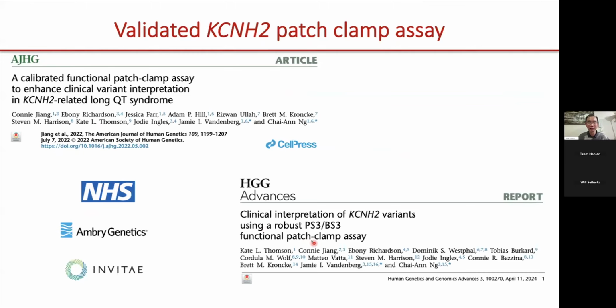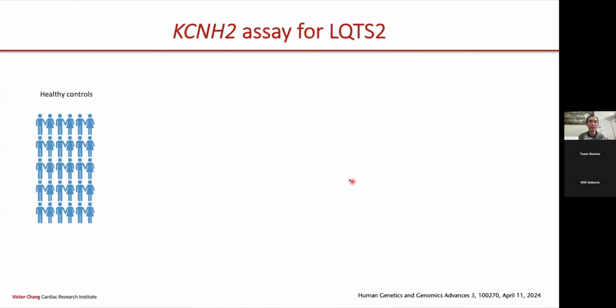In the next few slides, I'll talk about how we do it, so that we can now apply the KCNH2 assay in a clinical setting. According to the ClinGen recommendation, you need to have a large number of variant controls. Sometimes you can't get a large number of benign controls in ClinVar, because that depends on how they were classified and whether they classify those common variants or not.